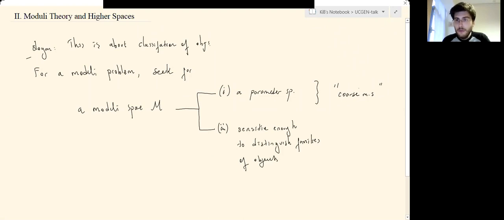If you have a moduli space satisfying both properties, this is called a fine moduli space.